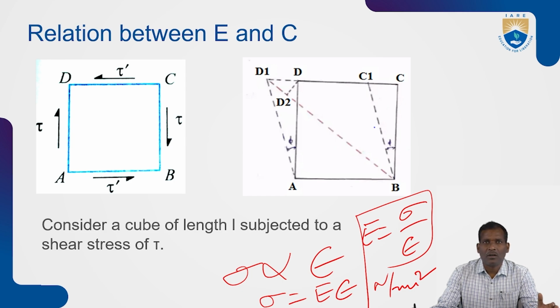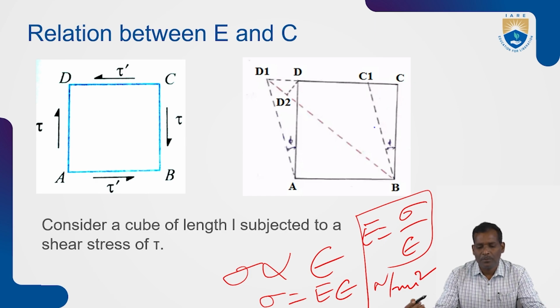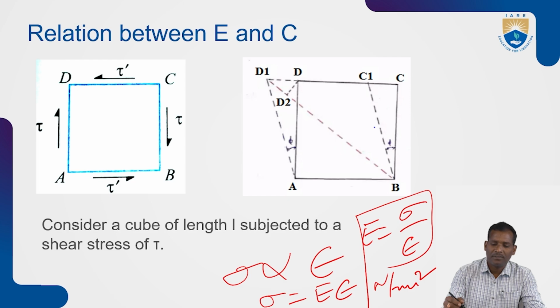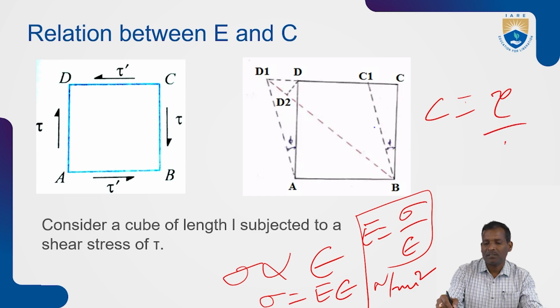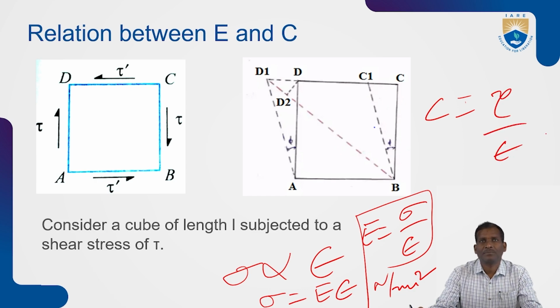Whenever the component is subjected to tensile or compressive load, we use E, whereas in shear we use the modulus of rigidity, that is C. C is equal to shear stress divided by shear strain.